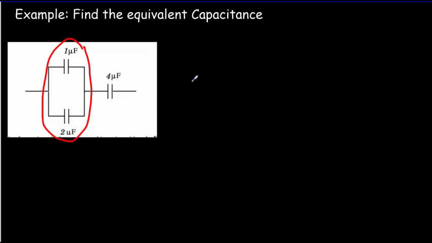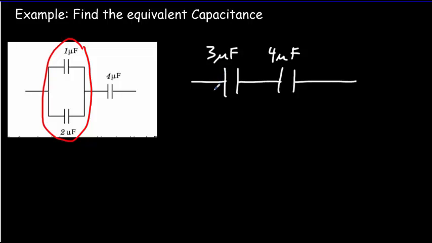So our circuit can be simplified to this circuit here. There's the original 4 microfarad capacitor. And then a 1 and a 2 in parallel will make a 3 microfarad capacitor. Now we've got 2 in series. We need to use our reciprocal formula. So 1 over the equivalent capacitance of our network will equal 1 over 3 plus 1 over 4.